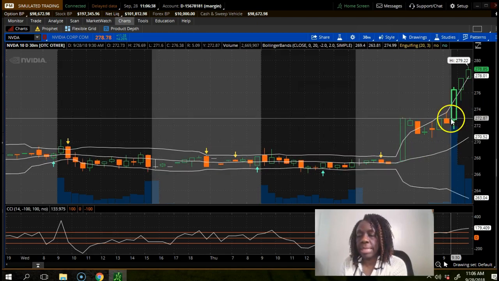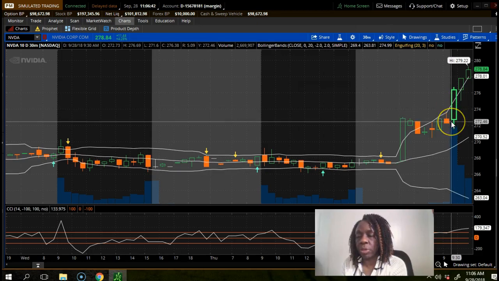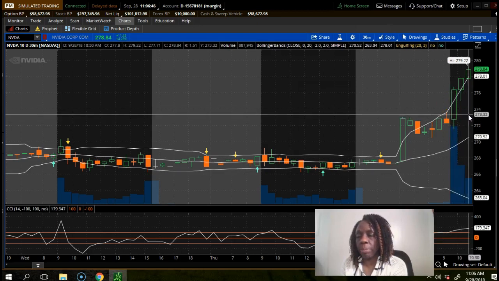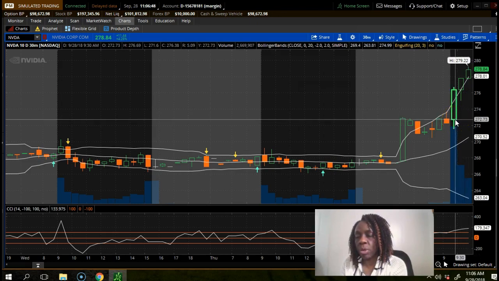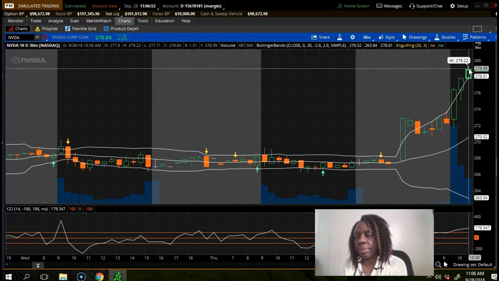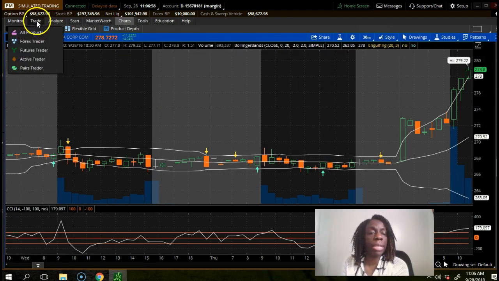And since the market opened today, which is right here where my vertical line is, you can see that the stock has been going up. It opened at $272, and right now it's trading at $279.